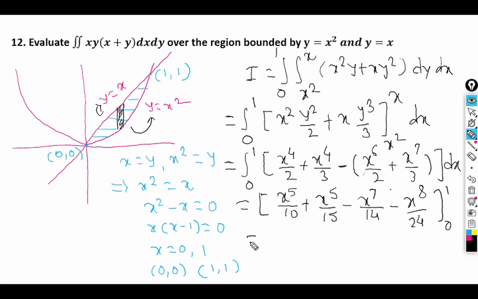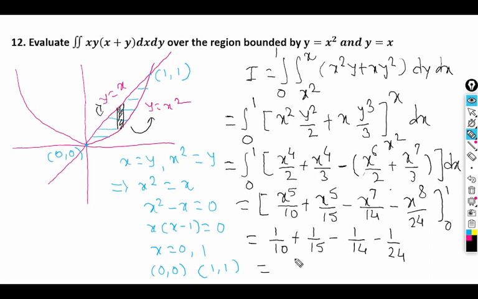So we have to replace now x by 1. So it is 1 by 10 plus 1 by 15 minus 1 by 14 minus 1 by 24. When we replace the lower limit x by 0, it is 0. No need to replace it. Now another same way what I told you, when the numbers come in a fraction, you can write the answer in the fraction or the decimal.